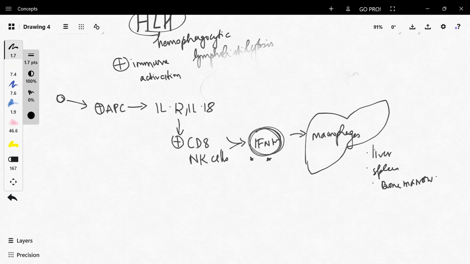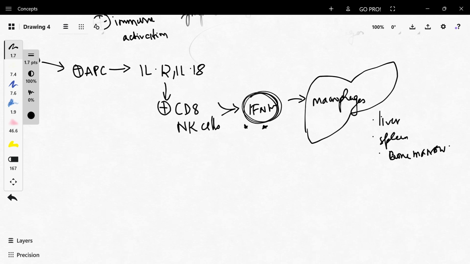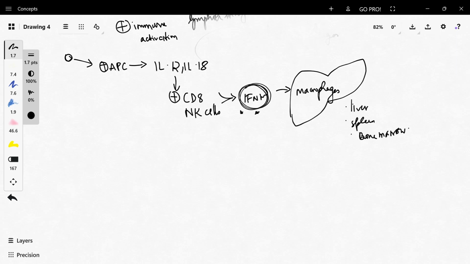Now, when CD4 cells, NK cells and CD8 cells activate macrophages, macrophages release four main cytokines that underlie everything that happens in HLH.